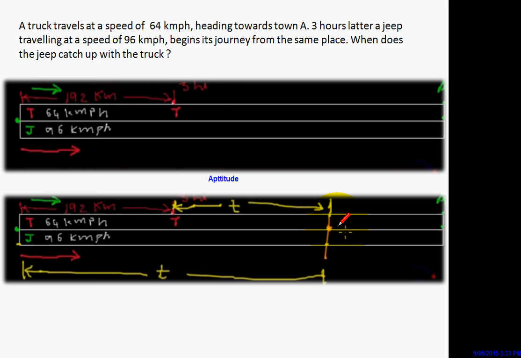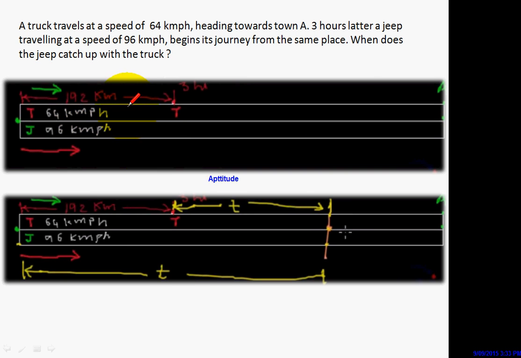Right. So first, just look at the diagram. It is very clear that T for truck and J for jeep I have indicated. See, the truck travels at a speed of 64 km per hour. Both the truck and the jeep are traveling in the same direction.